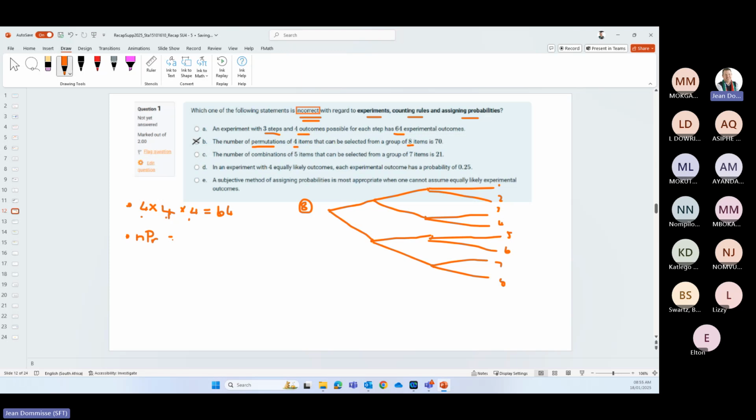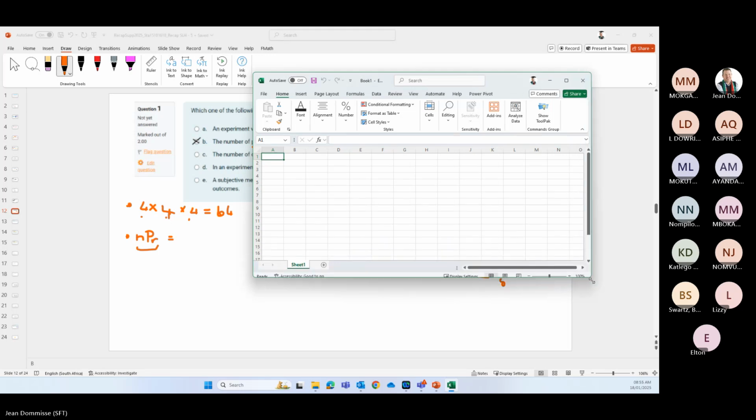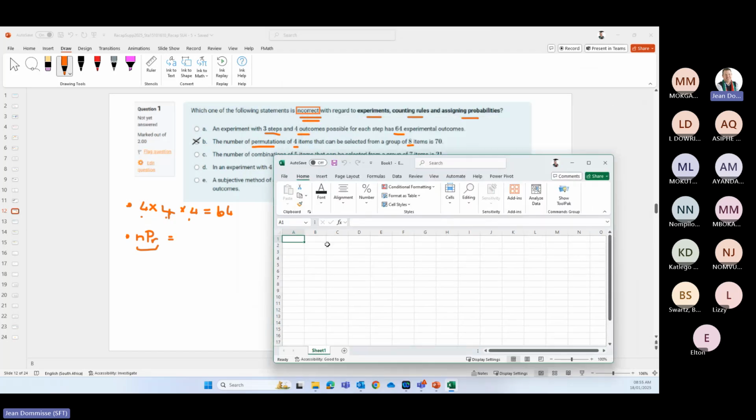My calculator is in another room, so let me see what I'm going to use quickly. It is Excel. But on all your calculators, there will be this permutation formula. Let's see, the numbers were 4 and 8.